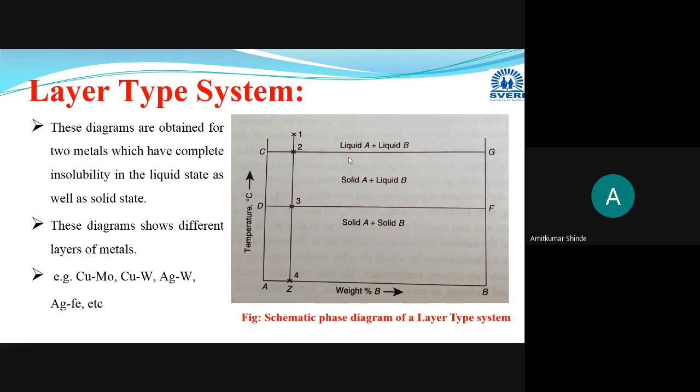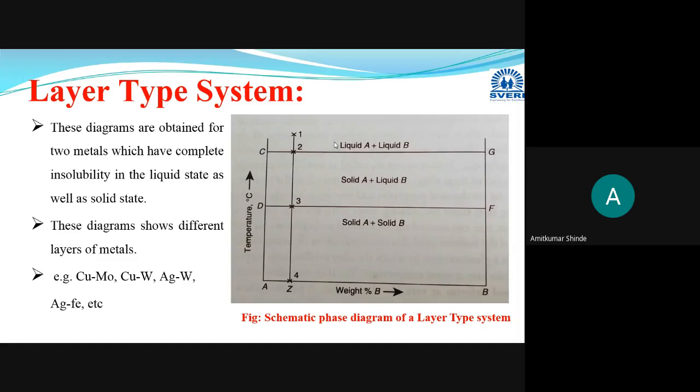Now at point 1, the alloy is in liquid state. From point 1 to 2, it will remain in the liquid state only. But here you will be able to find two separate liquids.